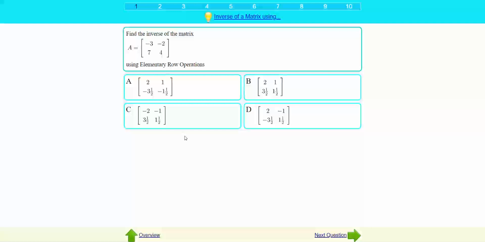Now for the second row, we will divide it by 7, and we'll have 1, and then 4 over 7, and then 0 and 1 over 7, and there we are.